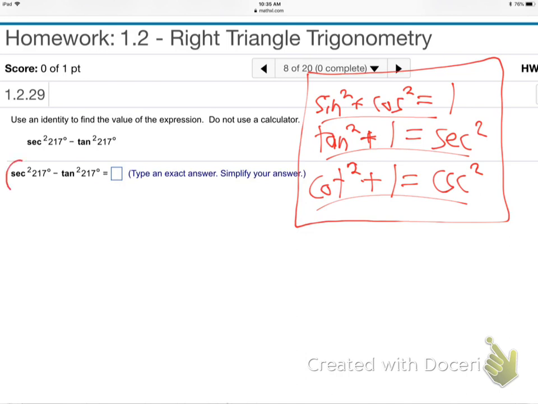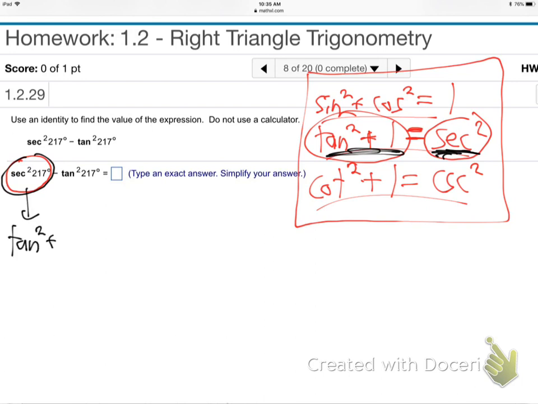Well, right here, secant squared is equal to, same as, may be replaced with, tangent squared plus 1. Everybody see what that's saying? Anytime you see secant squared, you can replace it with tangent squared plus 1 because they're equal. So when I see secant squared right here, I say, oh, you're just tangent squared plus 1. I'm not even going to write the 217. It's there, whatever.